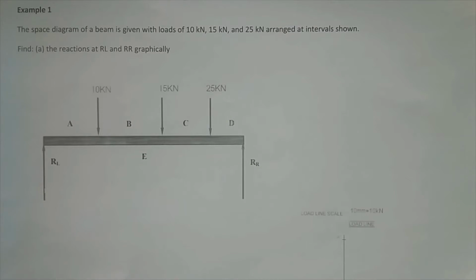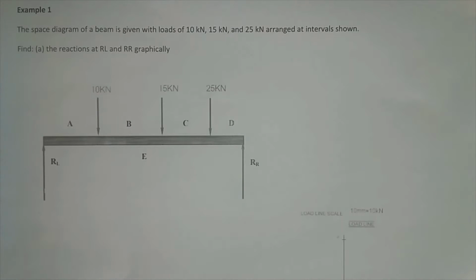Example 1. The space diagram of a beam is given with loads of 10 kN, 15 kN and 25 kN arranged at intervals shown. You have to find the reactions RL and RR graphically. RL means the reaction on the left, RR the reaction on the right.